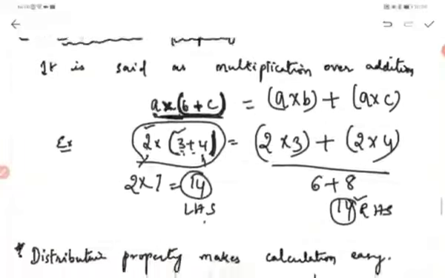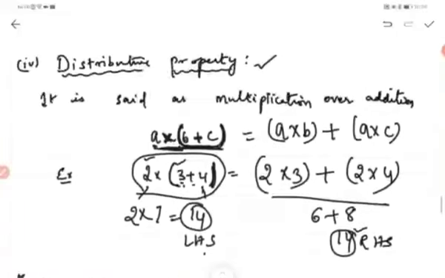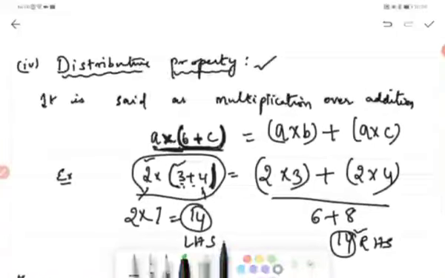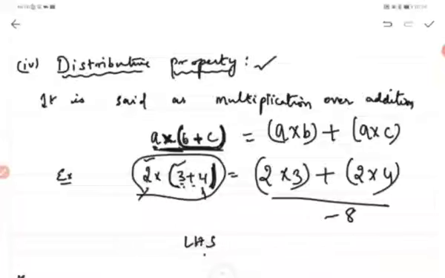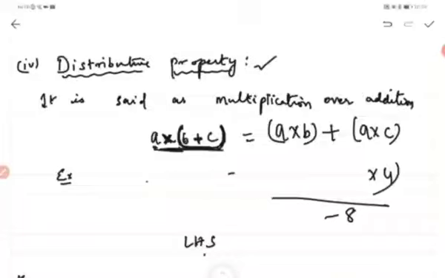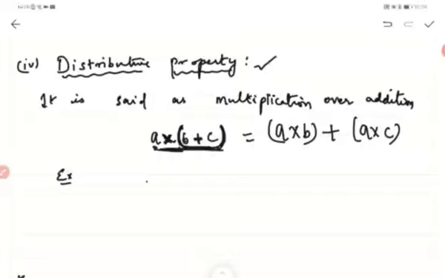Now, why do you want to use the distributive property? You can just go for direct simplification, right? We will see one example further. But I want to show you one more thing. If you have a minus sign in between, you can also simplify.